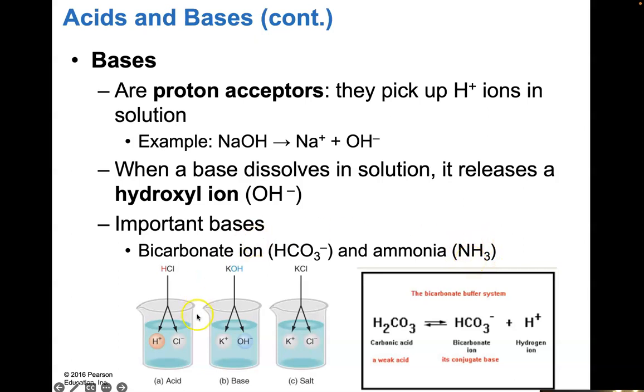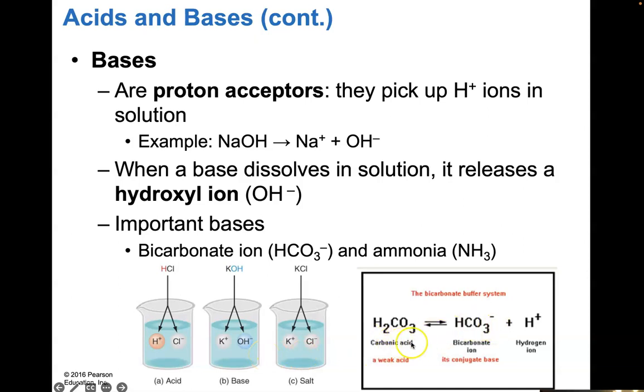So you can see here, this is an acid releasing hydrogen ions into solution, a base, which is going to release hydroxyl ions that can then go bind up those hydrogen ions, right? And then you have salts, which are neither acidic nor basic. They're just releasing ions, right? But not hydrogen ions, not hydroxyl ions, okay? Makes sense?